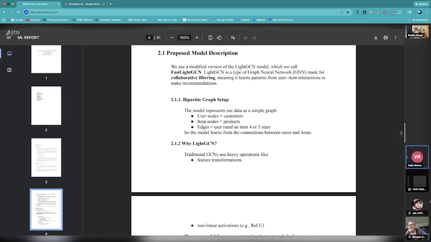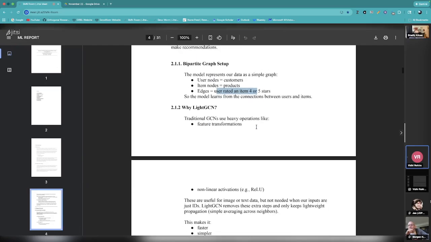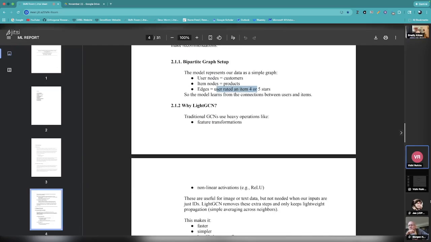Both were connected by mapping which user has ordered which products, and edges were created between the nodes based on the rating. So I think I should just show you the data set.